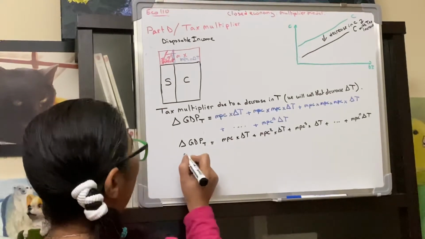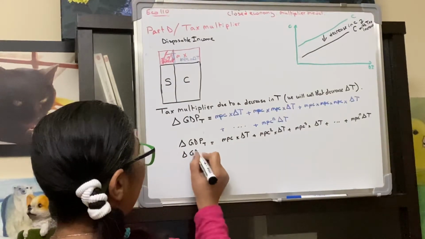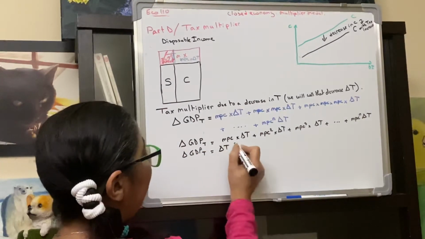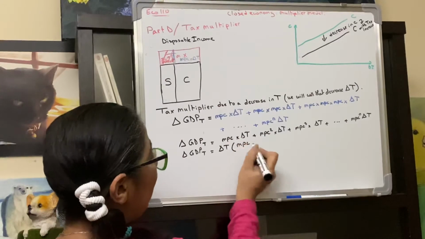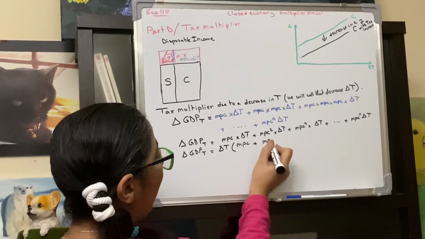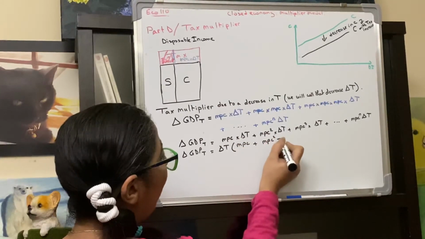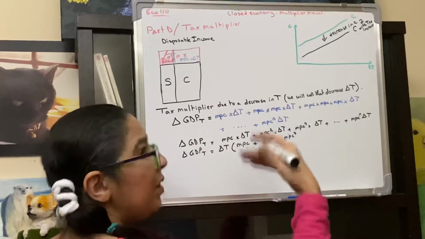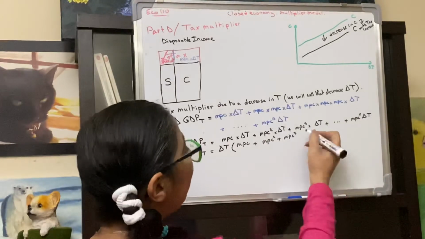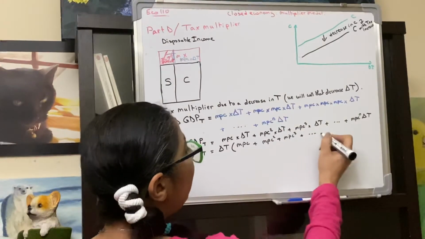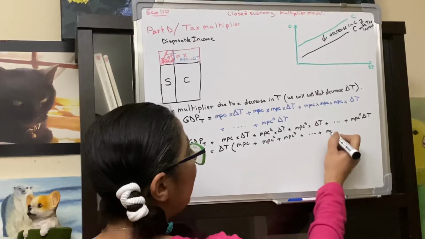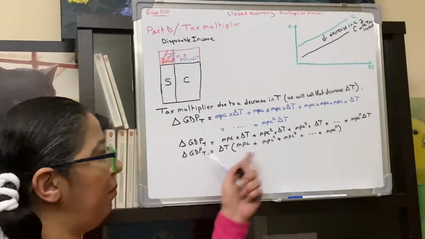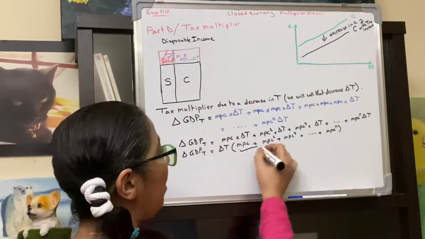So delta GDP due to T is equal to delta T times MPC plus MPC squared plus MPC cubed plus MPC to the power 4, and I'm just going to continue till MPC to the power n, and I'm done. This is your tax multiplier.